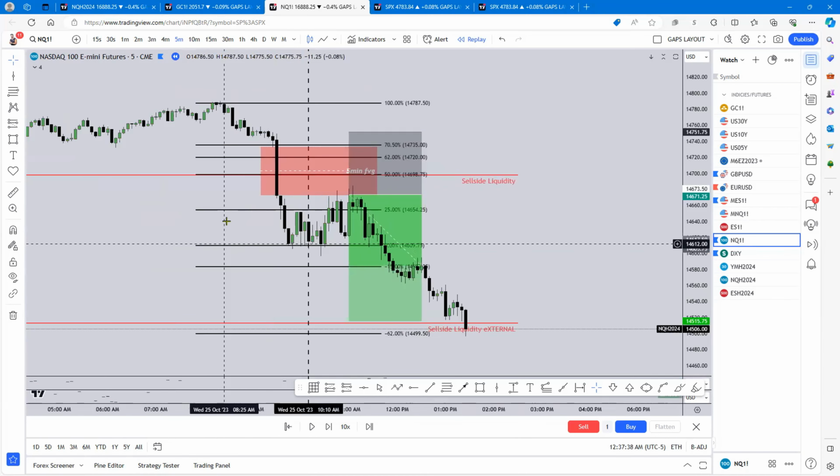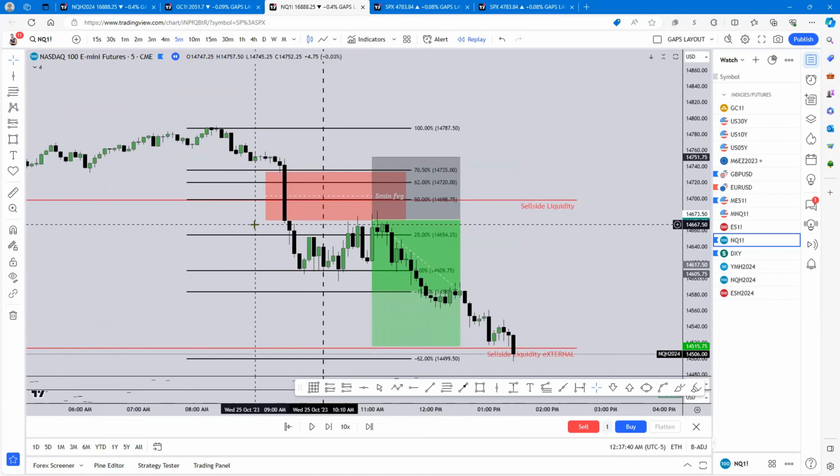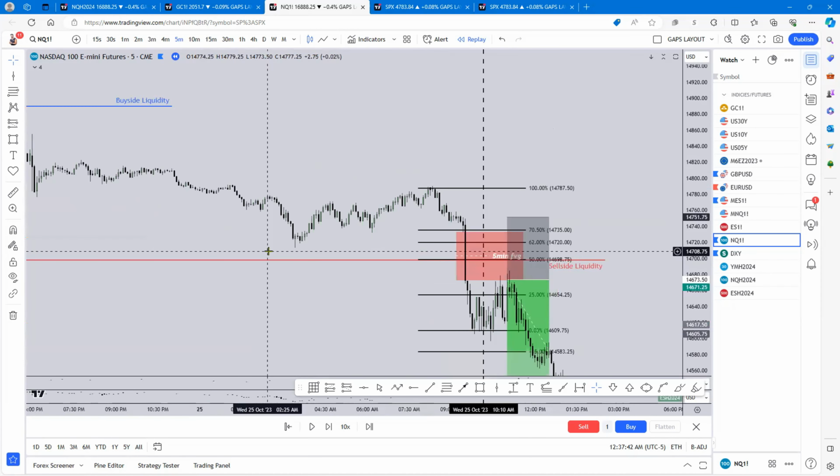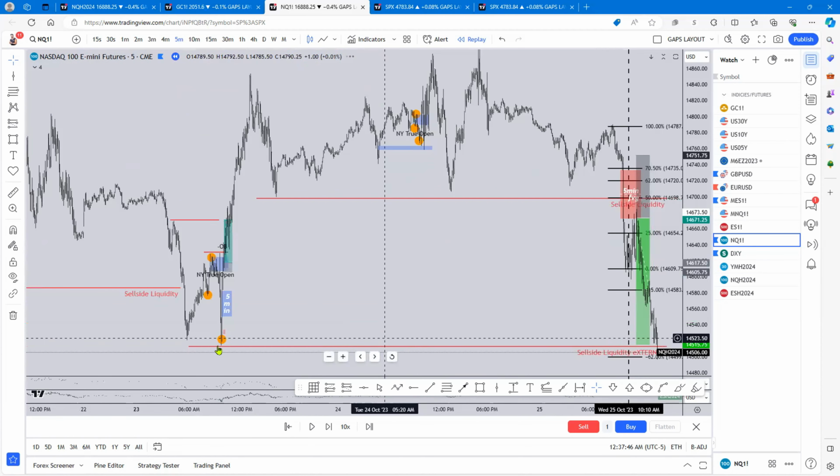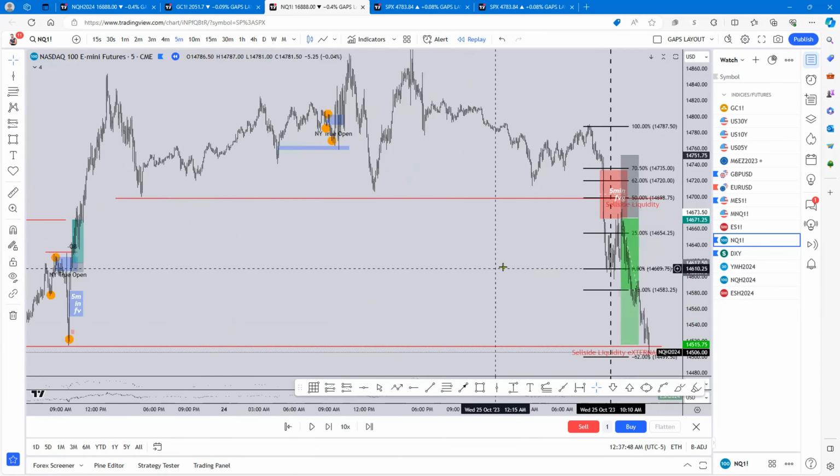And boom, sell side taken. Okay. So right, internal liquidity to external range liquidity. Okay.